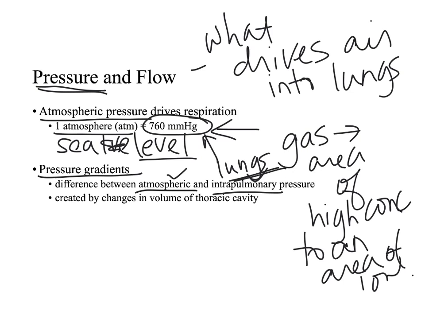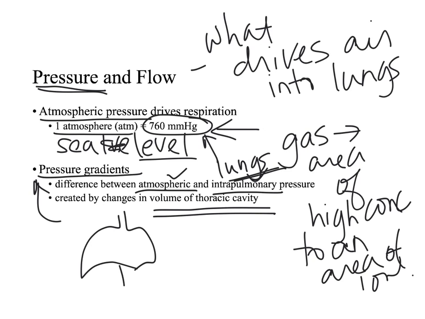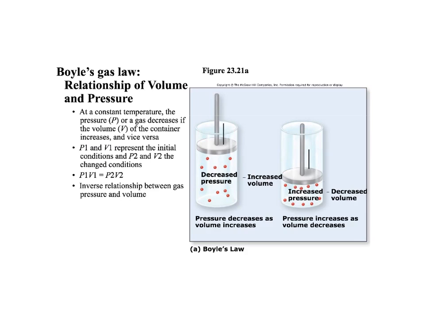Now, the way that we create these pressure gradients is by changing the size of your thoracic cavity, by modifying how big it is. And we can modify the size of your thoracic cavity using your diaphragm and your other muscles around.